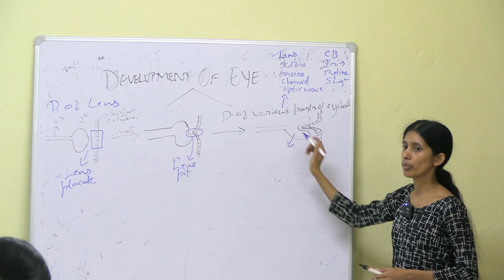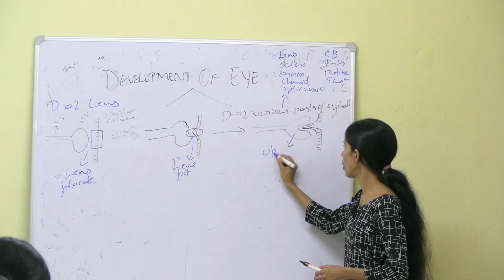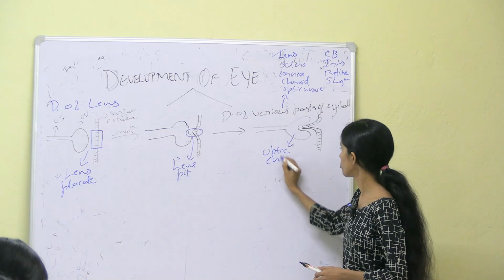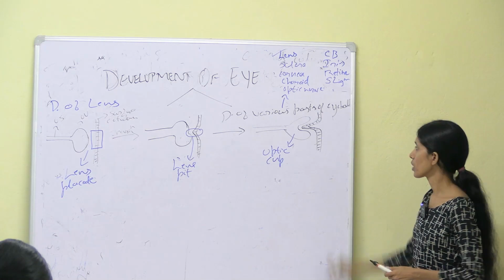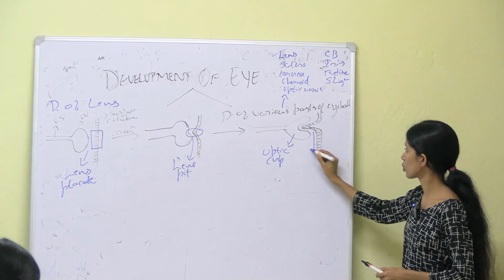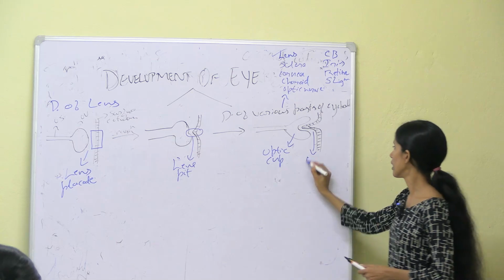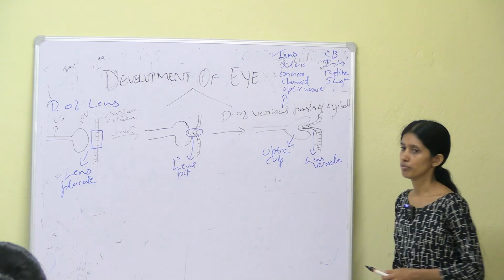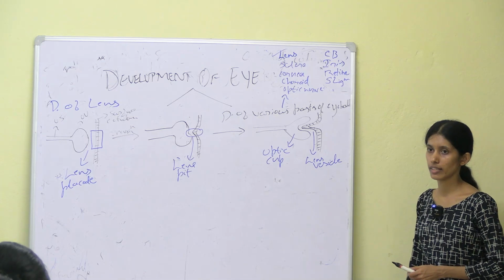So now your optic vesicle is called the optic cup. Okay, and this surface ectoderm part is called the lens vesicle. This is called the lens vesicle.